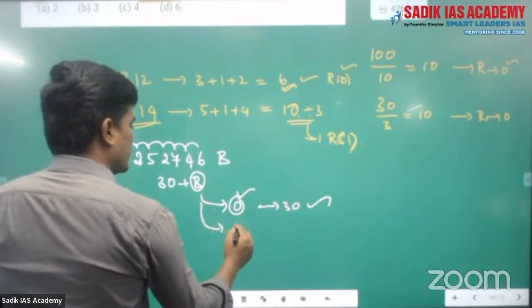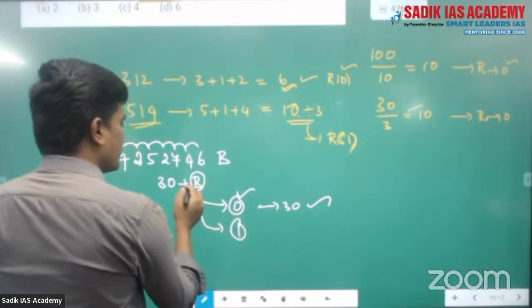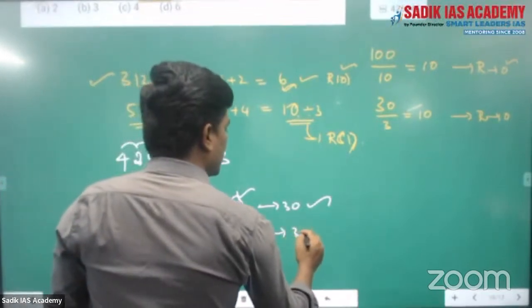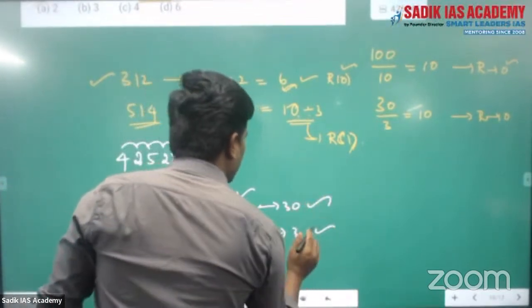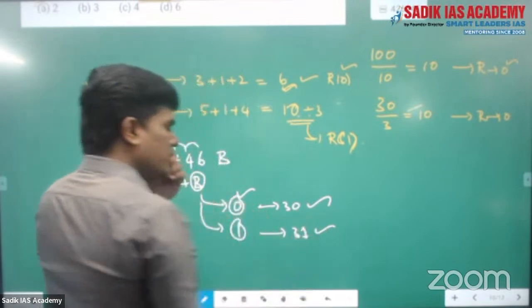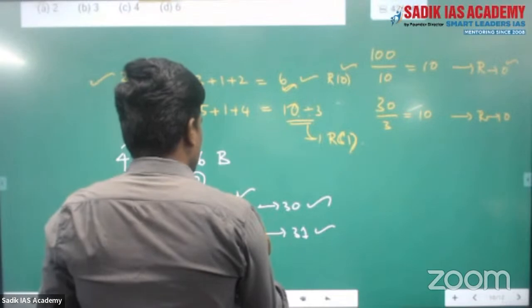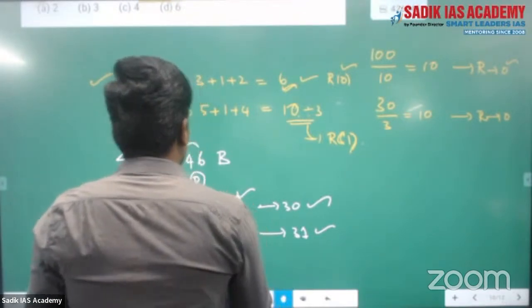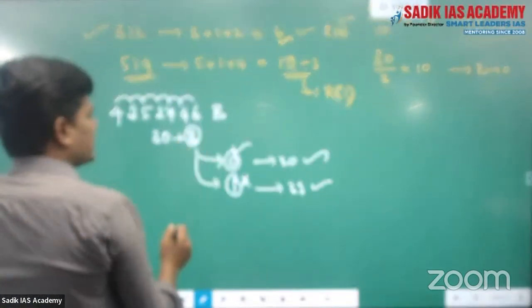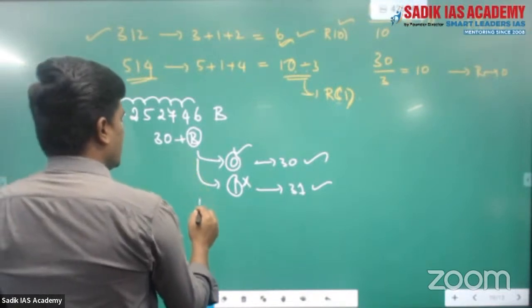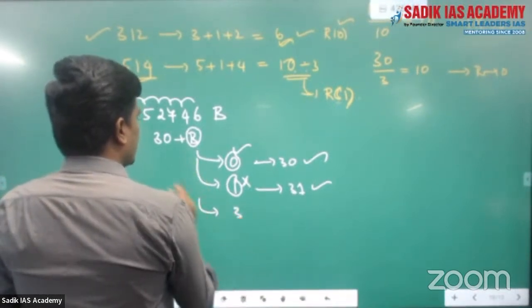If I take 1, I'm going to get 31. In this case, the remainder is not going to be 0. When I divide by 3, it is going to be 1. Therefore, 1 is not possible. So what are the other numbers that can satisfy this condition? In the place of B, I can take 3, 33.